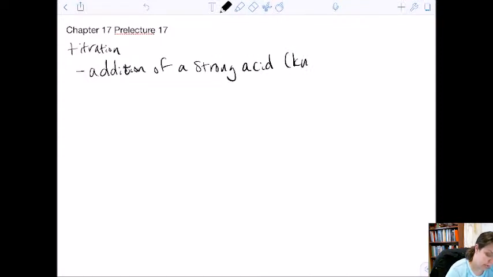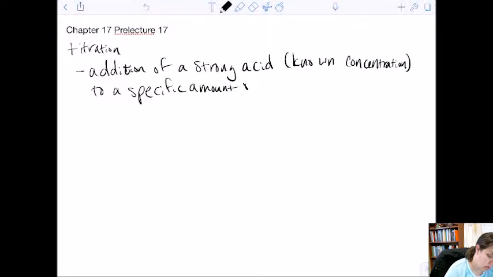So here, with our strong acid, we have a known concentration. And our base has an unknown concentration.